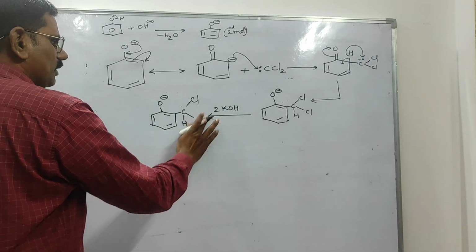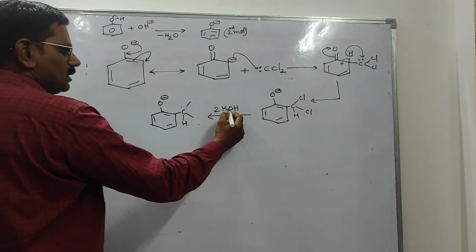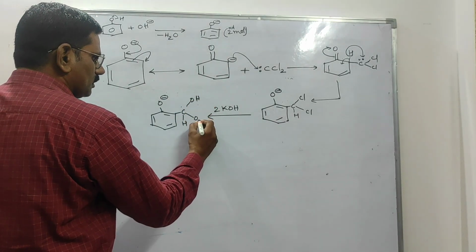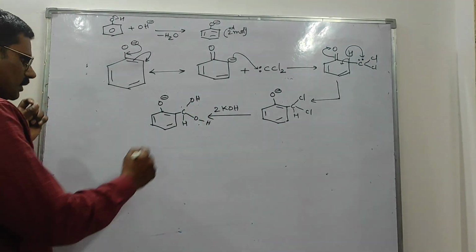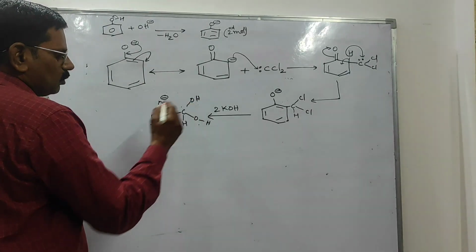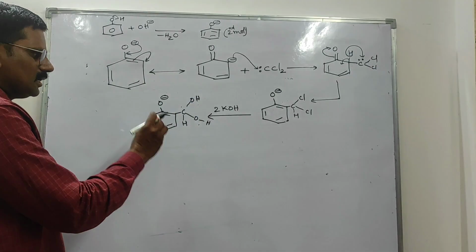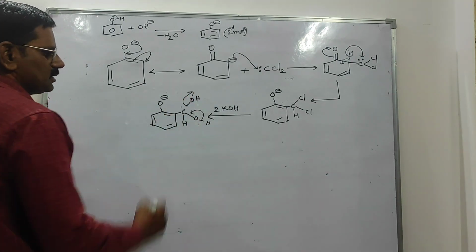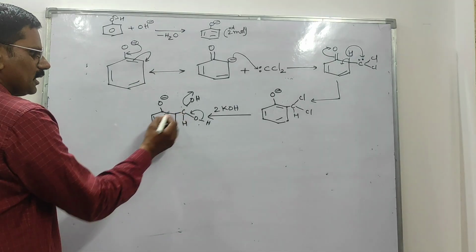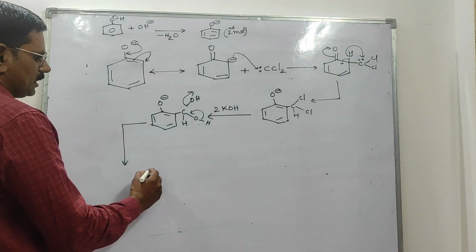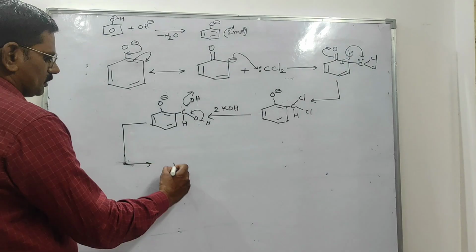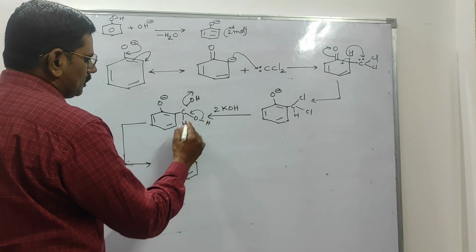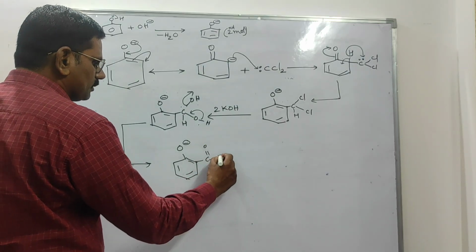Now whenever KOH is reacting with this intermediate, Cl becomes OH. So when carbon has 2 OH groups, it is highly unstable. It immediately undergoes dehydration, and here an aldehyde is formed. Here O- still remains, and here the aldehyde group is formed.